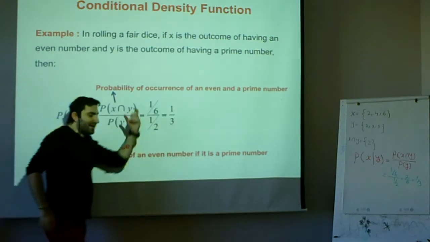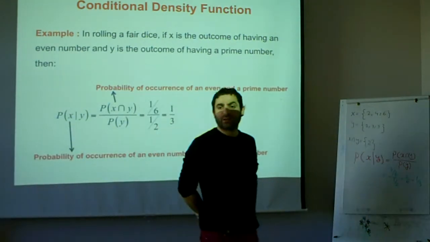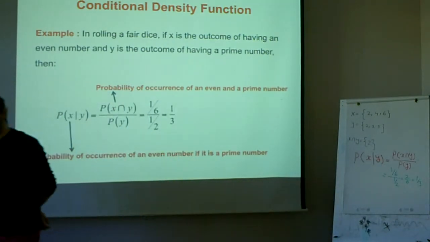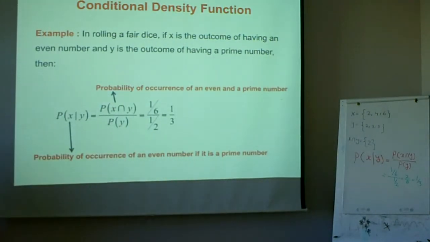Now, question. Are x and y independent? In other words, having an even number and having a prime number, are they independent? How can I find out if they are independent or not? There are several easy ways.